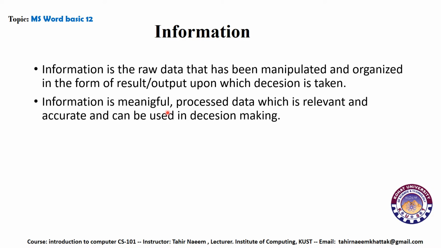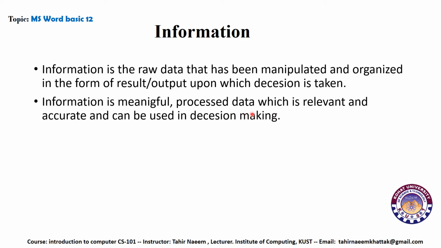Information is meaningful processed data which is relevant and accurate, and it can be used in the decision making process. As we are defining information, every time we use the word meaningful, it carries some meaning and has some value. The data is processed and doesn't need any further processing. It is sorted and arranged in a way which is very useful, relevant and accurate.